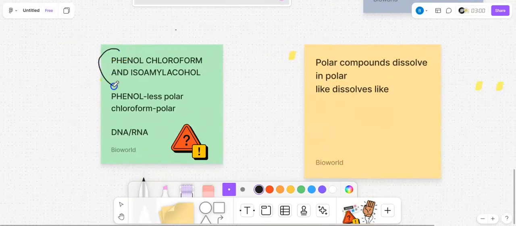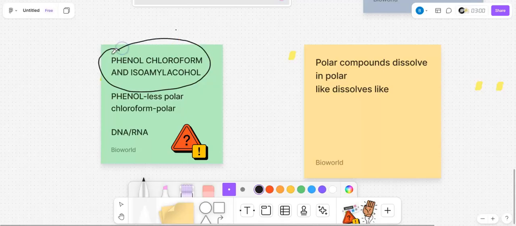So here we are using phenol, chloroform and isoamyl alcohol to separate our DNA. Phenol అనేది less polar. This is very important to understand how DNA is being separated. Here see, phenol అనేది less polar, chloroform అనేది polar. Polar ఏంటి, less polar ఏంటి?